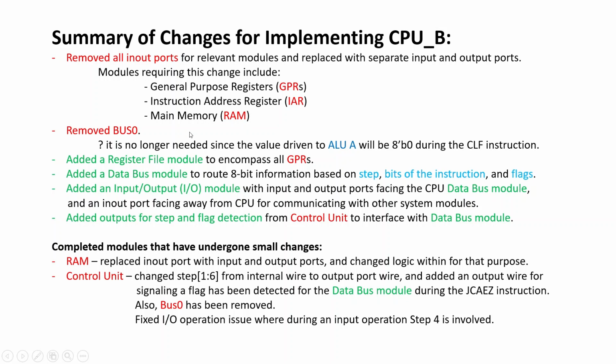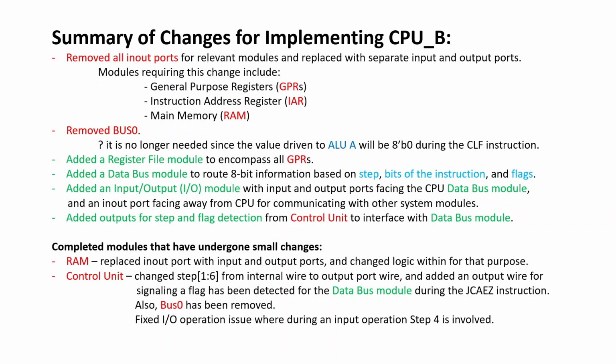Everything else just has an input and an output. Remove bus 0, it's no longer needed based on the data bus design. It will drive all zeros as a default value when not routing data to the component. Well, to ALU-A specifically in this case, because that's what bus 0 was created to provide: a 0 for clearing the flags. Well, now there will be a 0 there from the data bus, so we don't need a bus 0.